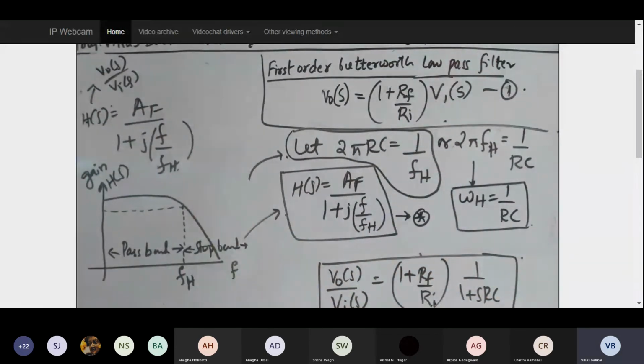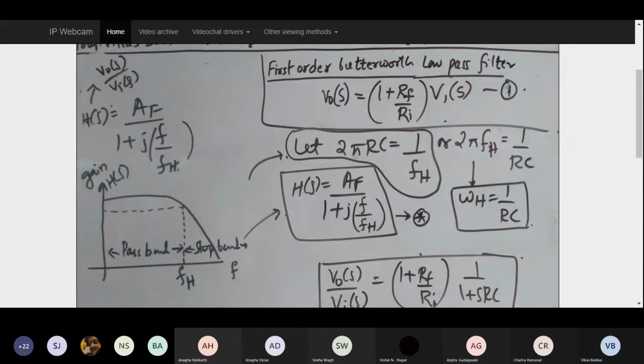So the frequency at which the gain starts decreasing is nothing but your higher cutoff frequency, or threshold frequency, or break frequency, or corner frequency. We call it by different names. Higher cutoff frequency. So this is how my op-amp with RC components connected together is going to behave as a low pass first order Butterworth filter.